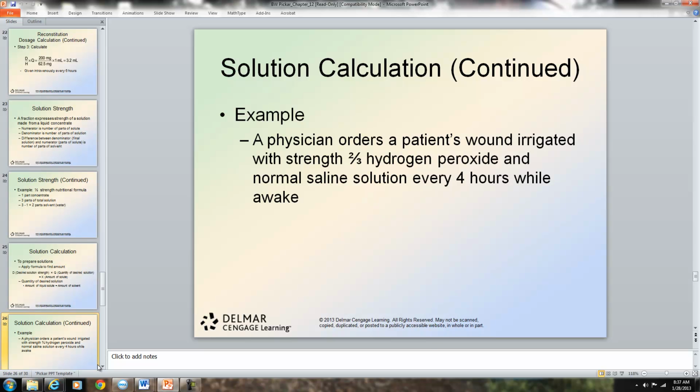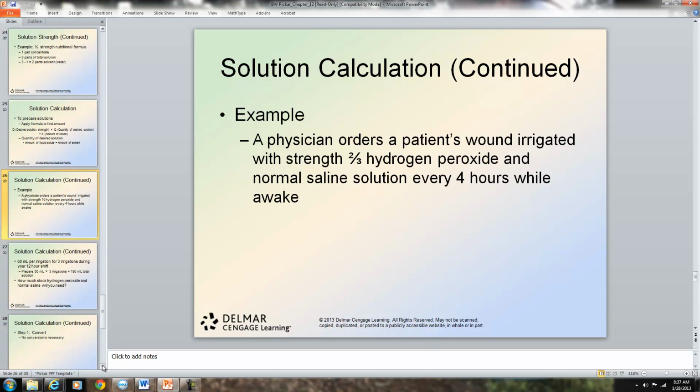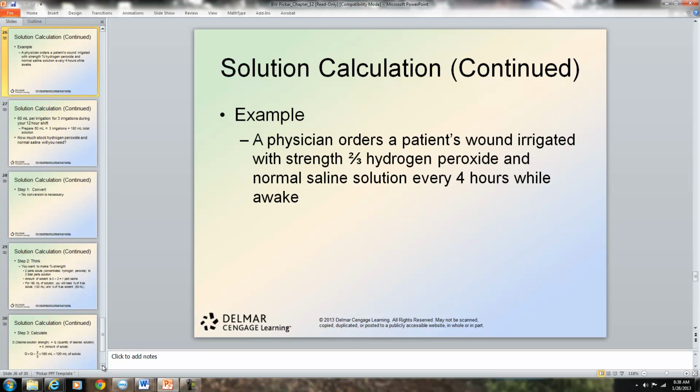Now, let's look at an example. A physician orders a patient's wound irrigated with 2/3 strength hydrogen peroxide and normal saline solution every 4 hours while awake.